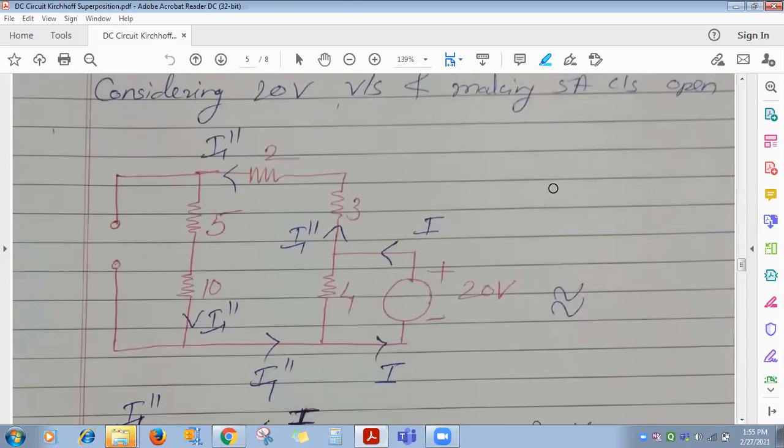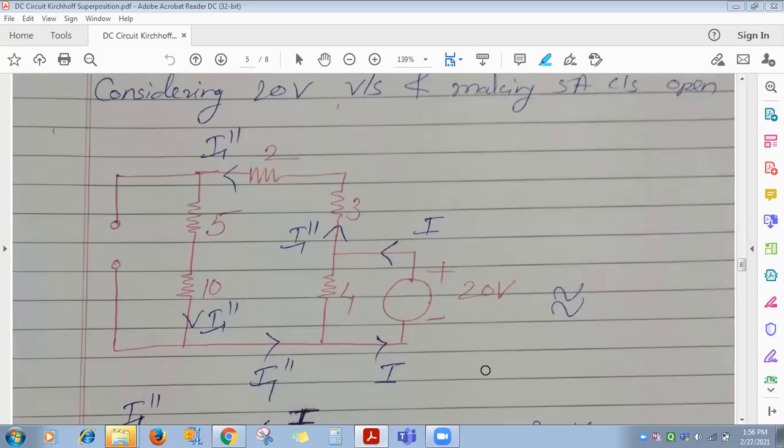Has everyone finished the previous calculations? Yes, ma'am. Is it becoming fast? No, ma'am. So everyone solve this. Draw the circuit, keep the current source open, consider 20 volt only, and then represent the current direction.